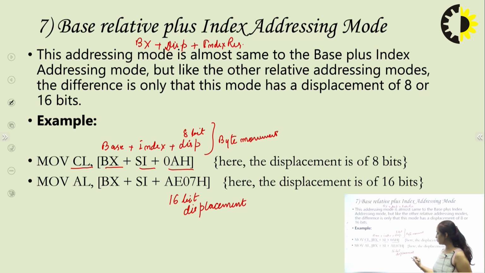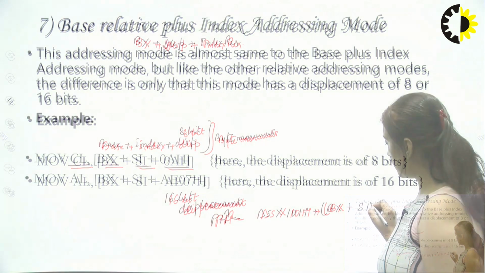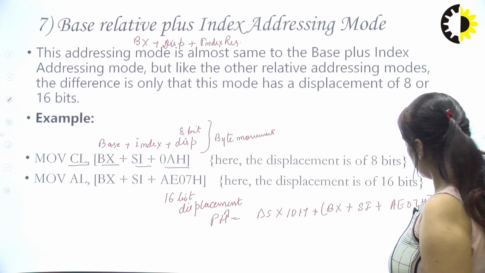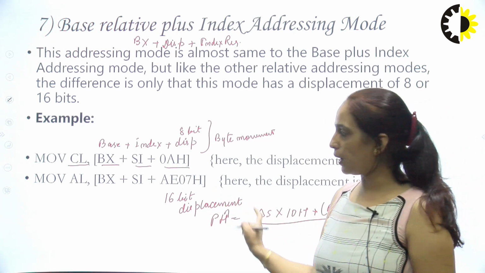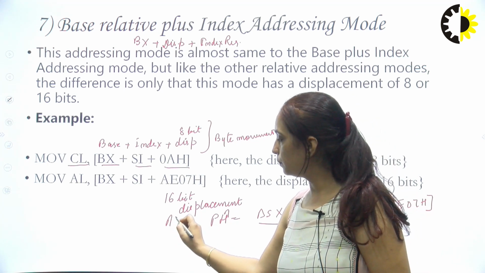So same way, we are going to calculate the physical address, that is DS, the data segment, multiplied by 10H plus this BX, whatever address is in BX, SI plus AE07H, right?